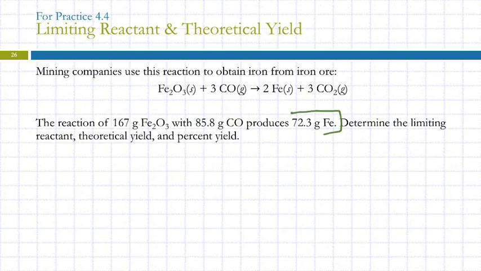So this right here is the actual yield. Let's take those other numbers and write them under their formulas. So 167 grams of that one and 85.8 grams of that one.